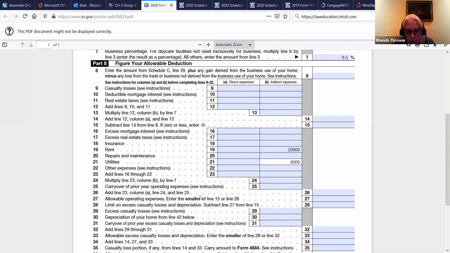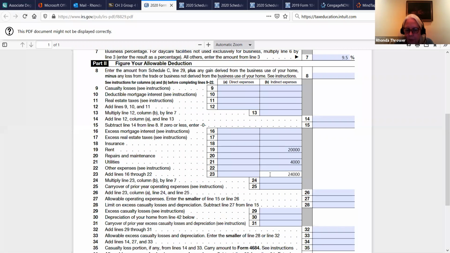And then you're going to have to add line 16 through 22, and that goes on line 23. Would that be indirect, I guess, for 24,000? Yeah, you're just adding the column there.